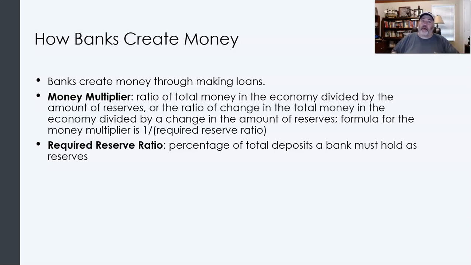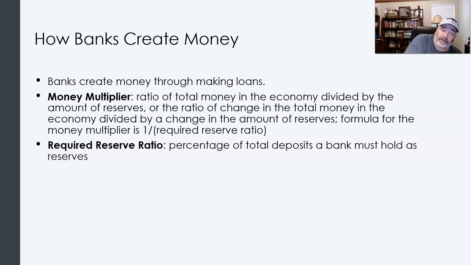Well, the way to figure out how much the total possible supply of money will expand by is to take the money multiplier. Remember, I said that my reserve ratio was 20%. That's 0.2. So take that and plug that number in and solve for my money multiplier. Now, I can't divide by a number with a decimal in it, so I'm going to move that decimal over 2 places, and I'm going to do the same up top.